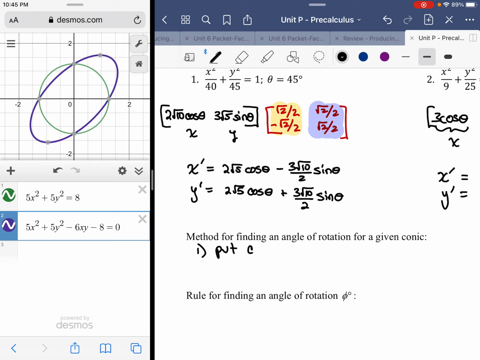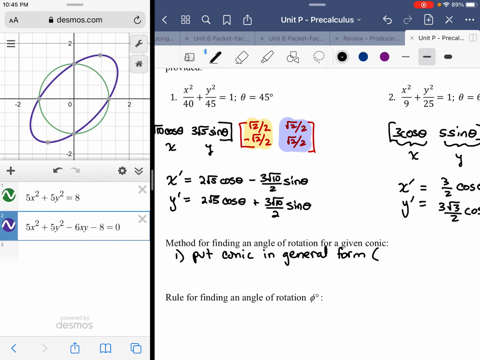So the first thing you do is you put the conic in general form, specifically in rectangular form.